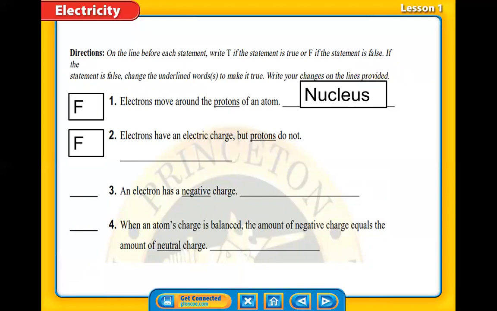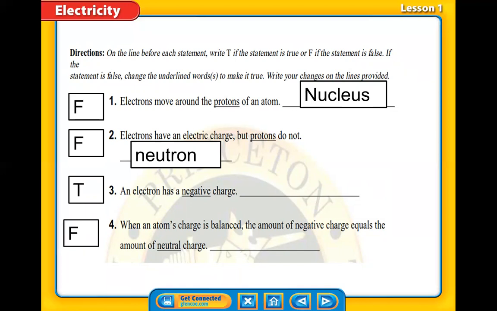An electron has a negative charge. Yes, correct. When an atom's charge is balanced, the amount of negative charge equals the amount of neutral charge. No, this one is false, because when the atom is balanced, it means that the amount of negative charge equals the amount of positive charge, not neutral.